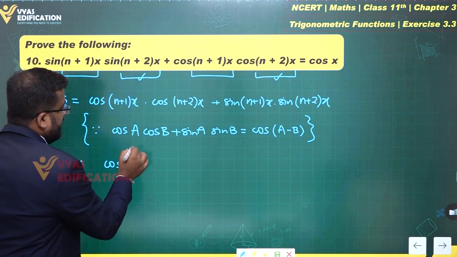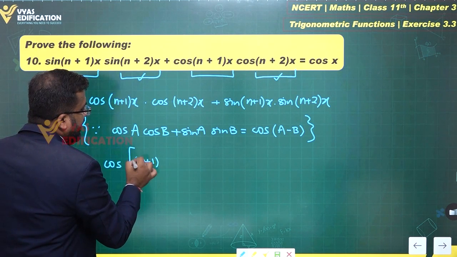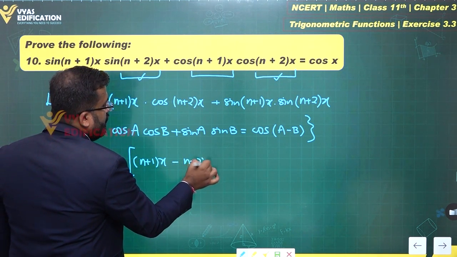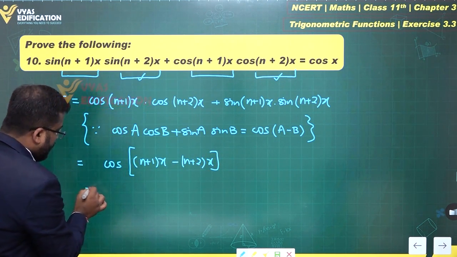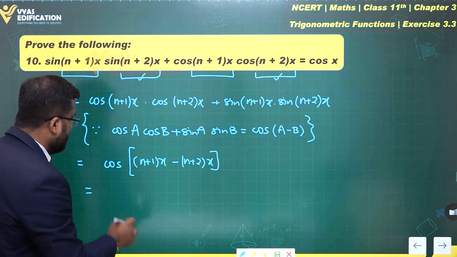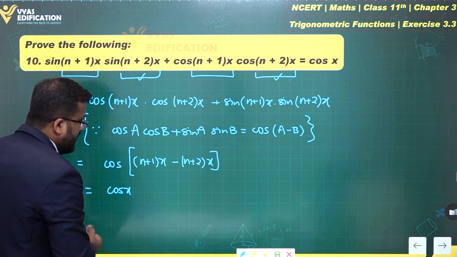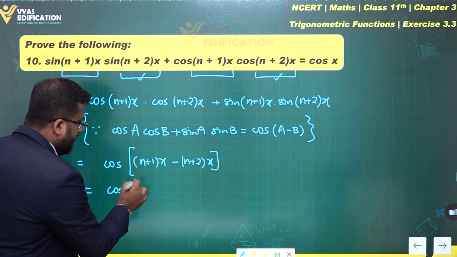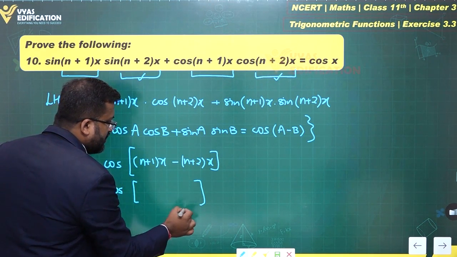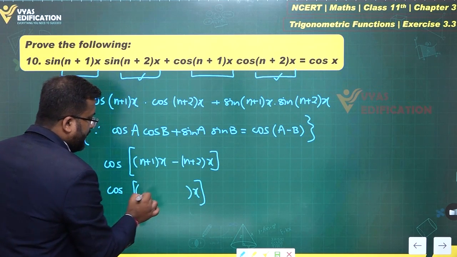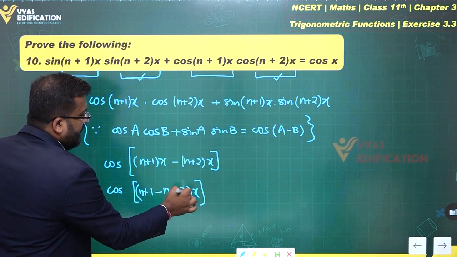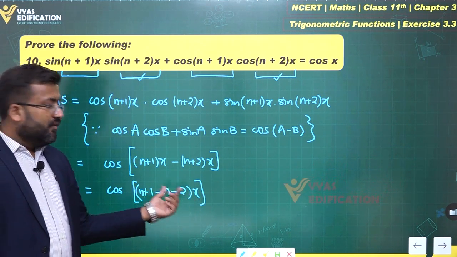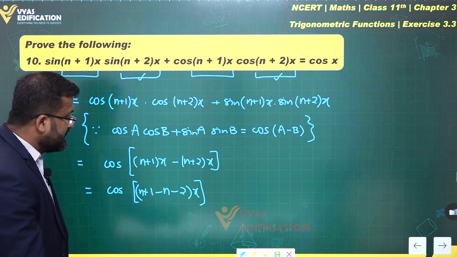Why? Let's observe. This is (n plus 1)x minus (n plus 2)x over here. How does this simplify further? This is cos, and in the bracket we can take x common, and n plus 1 minus n minus 2 will come over here. n and n get cancelled. This is 1 minus 2, which is minus 1.